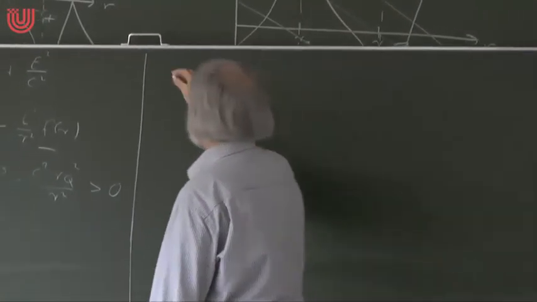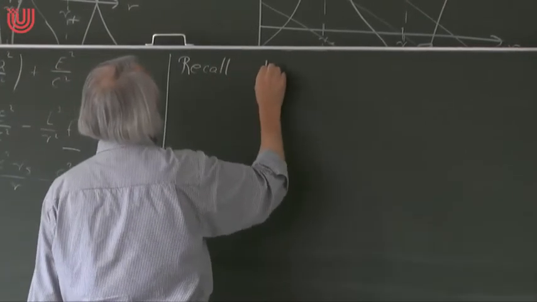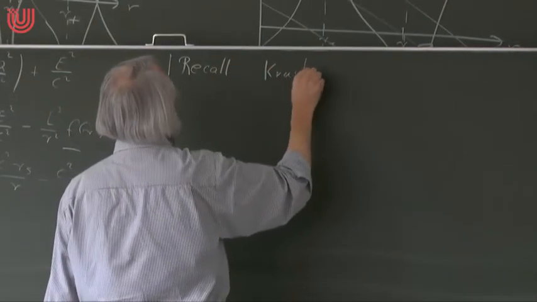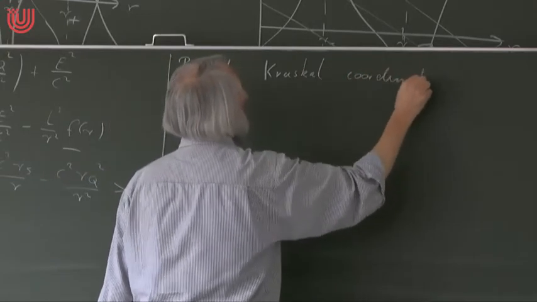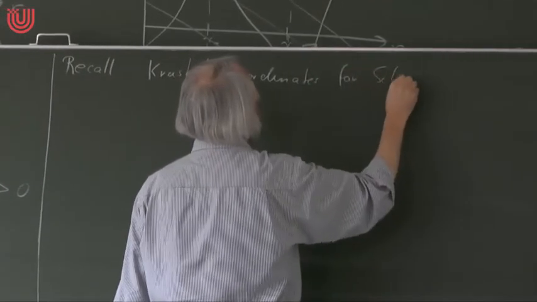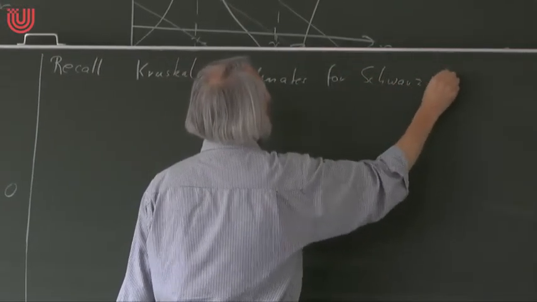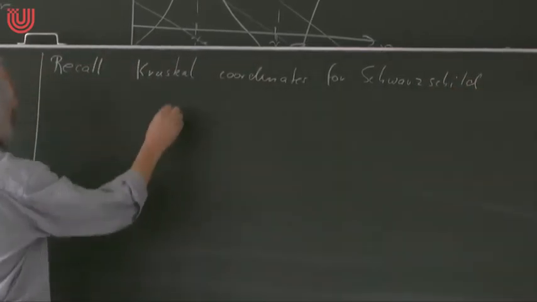So we call Kruskal coordinates for Schwarzschild. So this was the following.